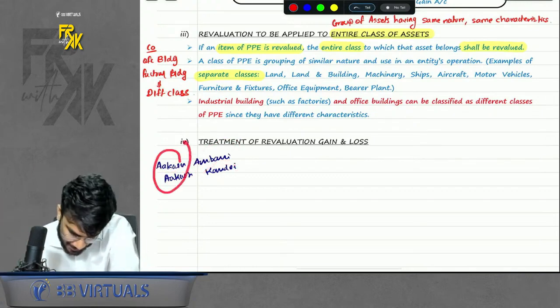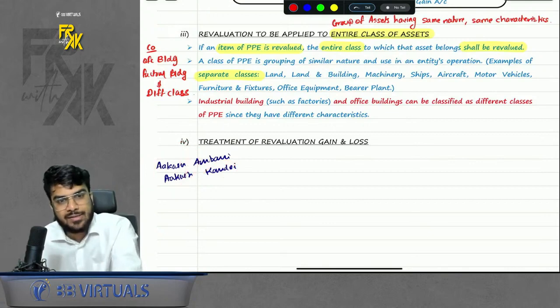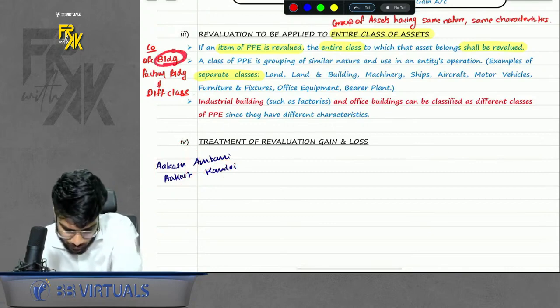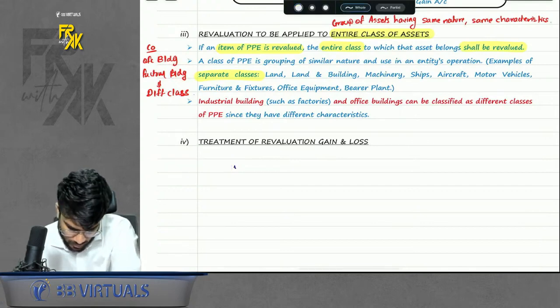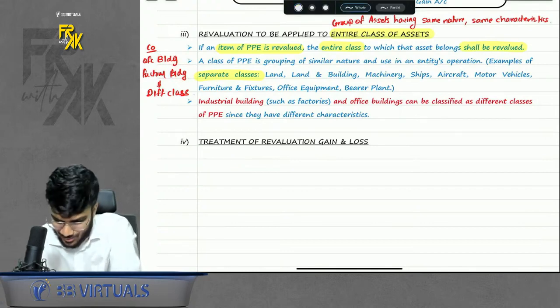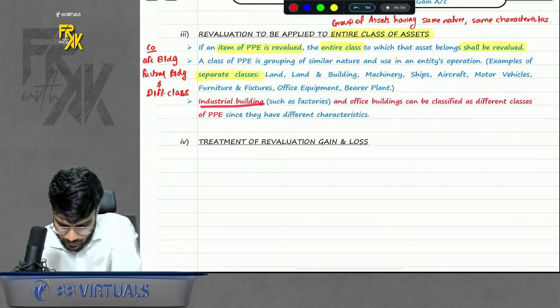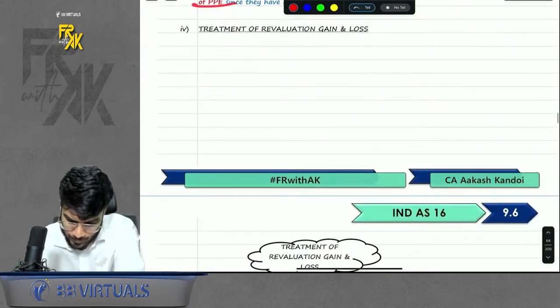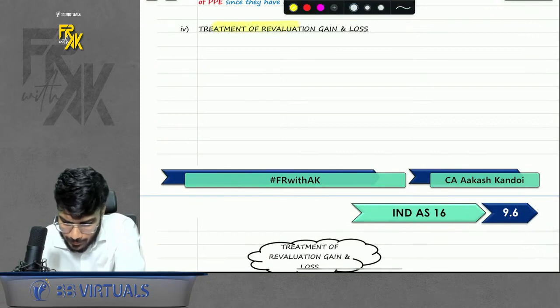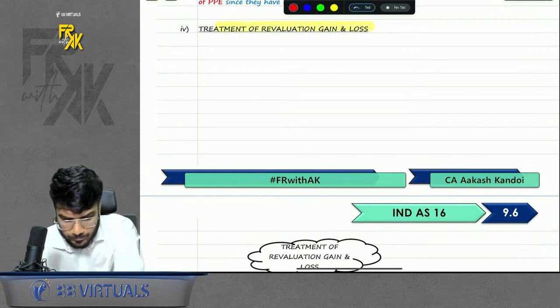Same applies here. Just because they both are buildings, that doesn't mean they belong to the same class. It is mentioned here: industrial building and office building can be classified as different classes. Simple. Done.